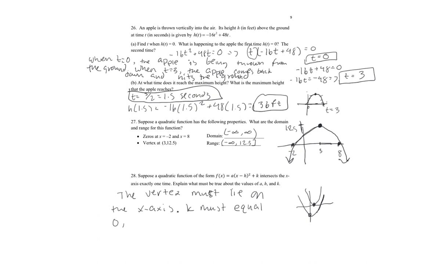And then, let's see, h can be any number, since it's like left and right, so we could put the graph right here and it would still just be on the x-axis. And a can be any number, except for 0.